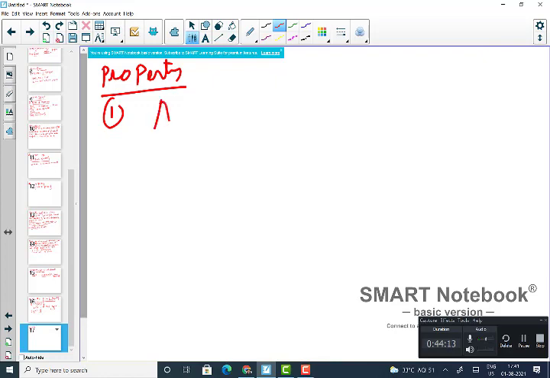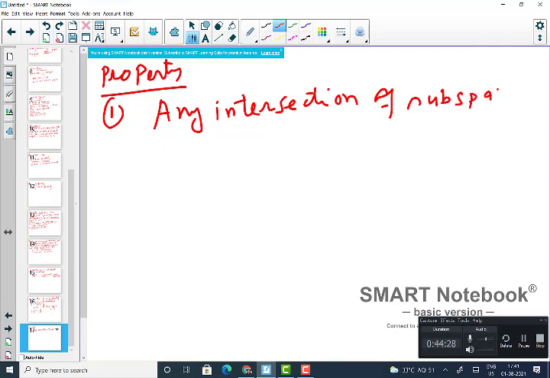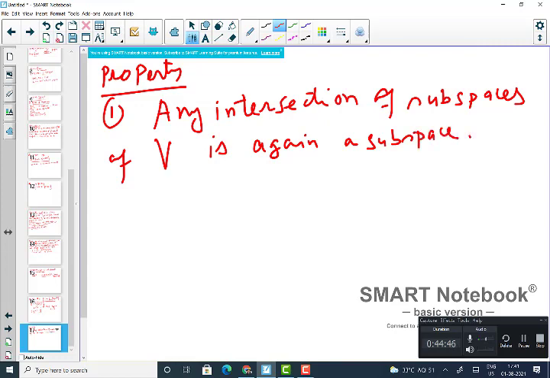So any intersection, it can be arbitrary also, of subspaces of a vector space, say V, is again a subspace. This kind of theorem you already learned in group theory, the intersection of subgroups of a group, right? And then a similar thing is true here also. And the proof is simple.